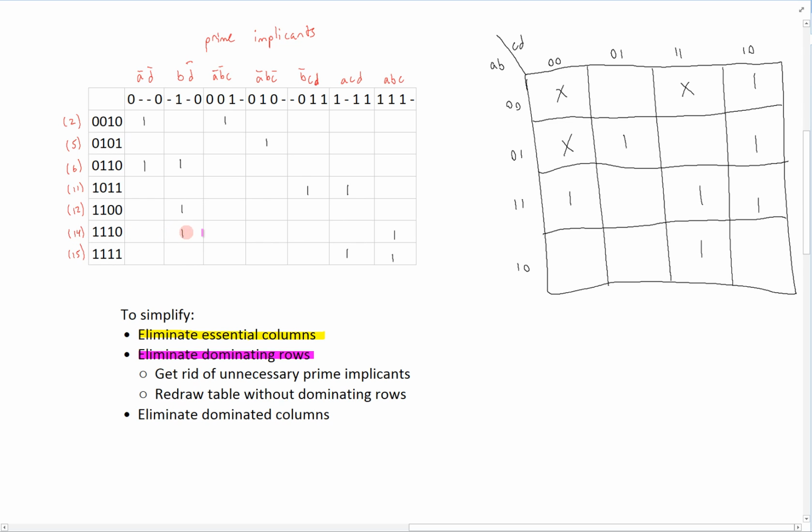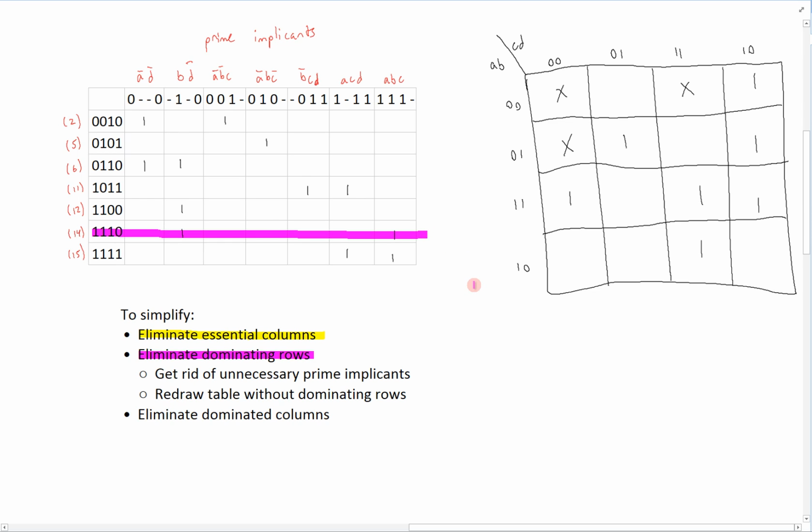It has this one and this one at the end, whereas row 1, 1, 0, 0 has only this one corresponding to the same location and nothing else. So this row clearly has all the ones of the previous row and then some. So it is said to dominate it. And we can get rid of dominating rows. So specifically, we're going to get rid of this row.